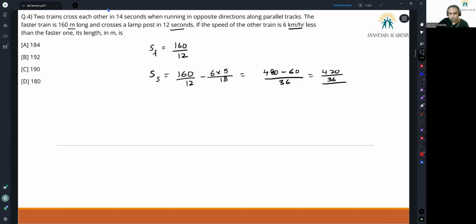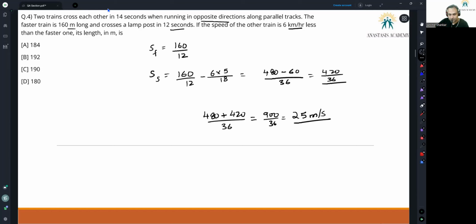When they are running in opposite direction, the relative speed would be a summation of these two. So we get 480 plus 420 by 36, which is equal to 900 by 36, which is equal to 25 meter per second.